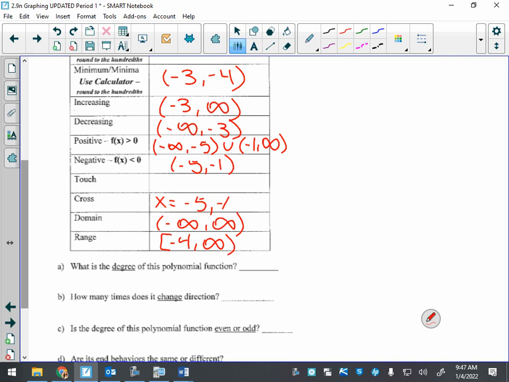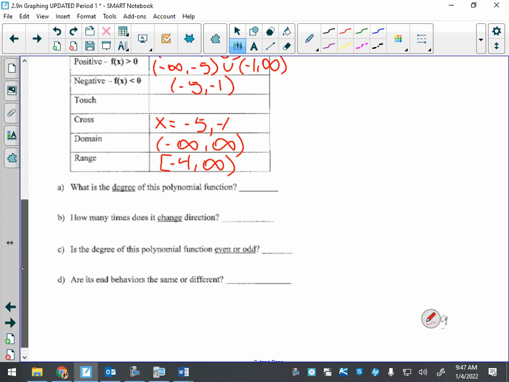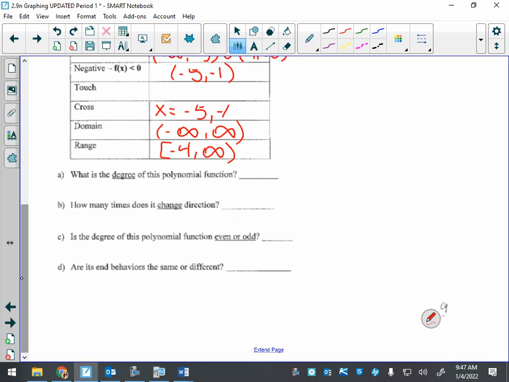Okay. Now, what is the degree of this function? 2. How many times does it change direction? Once. Good. Is the degree even or odd? Even. Is the end behavior the same or different?